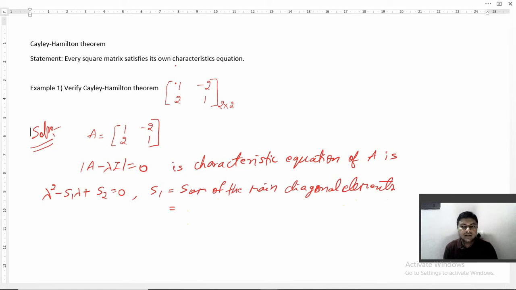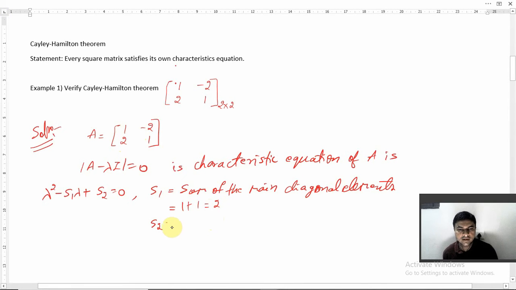In this case the diagonal elements here are 1 and 1. So here I am going to take this as 1 and 1. This is our diagonal element. You can look on the screen, students. This is 1 plus 1 will give you directly 2. So this is our main diagonal element sum. So next, what is s2? s2 is given by determinant of A.